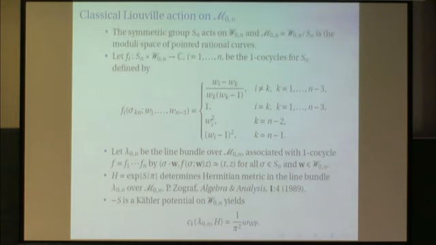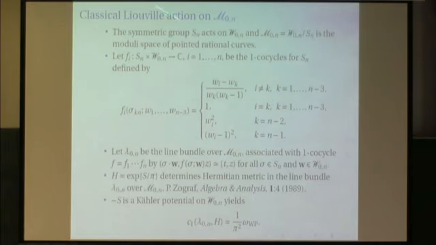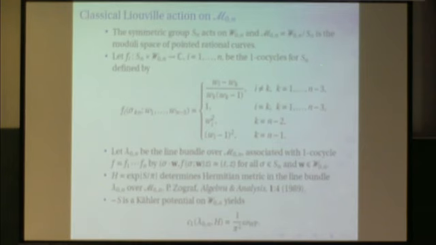Now another construction. First, let's see how to come from the configuration space to the actual moduli space of rational curves. So consider the moduli space, which is essentially just the quotient of the configuration space by the symmetric group action. The symmetric group acts on the configuration space, permuting points and normalizing them back again.